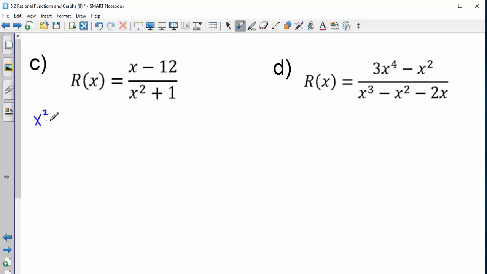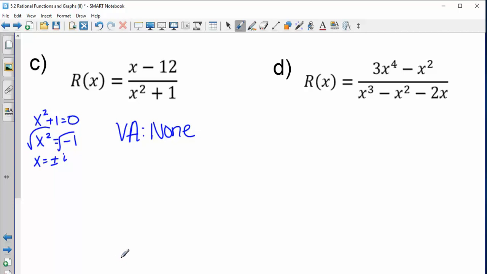If you set that equals 0, what do we get? Plus and minus i. In terms of our vertical asymptotes, we only want real numbers. We're not going to graph an imaginary. So for us, what this means is this one has no vertical asymptote.